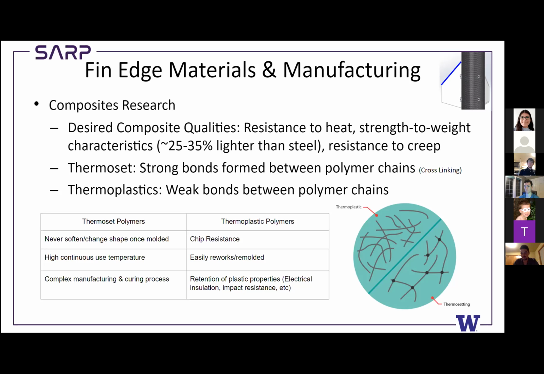And this allows the material to have a high continuous use temperature, and it remains in shape in elevated temperatures. And compared to thermoplastics, thermosets have a bit more complex manufacturing, but also they have more properties that are desired for the fin edge. So I'll pass it off to Helen, who did more research on the specific properties of thermosets.